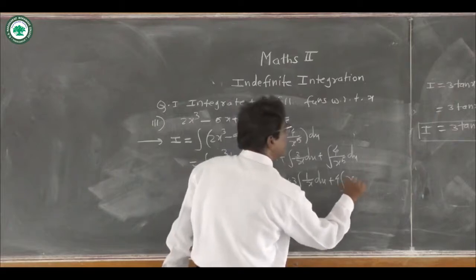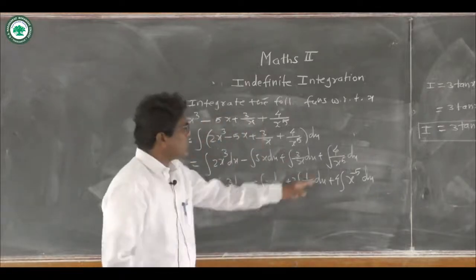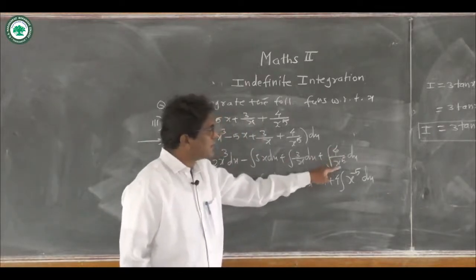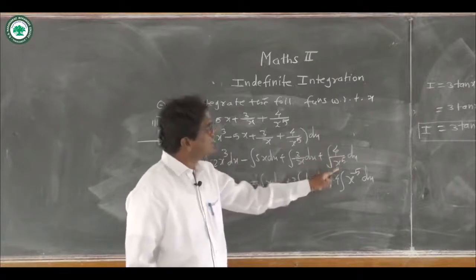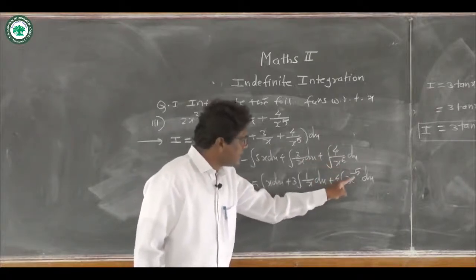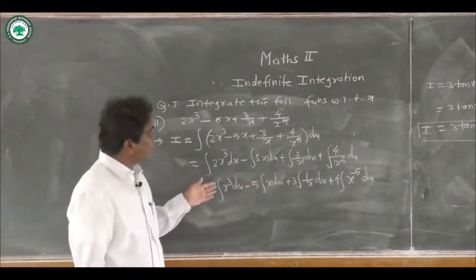We write x to the power minus 5 dx. The power is in the denominator, so we shift it to the numerator, and using the rule of indices, it is x to the power minus 5. And now we find the integral.